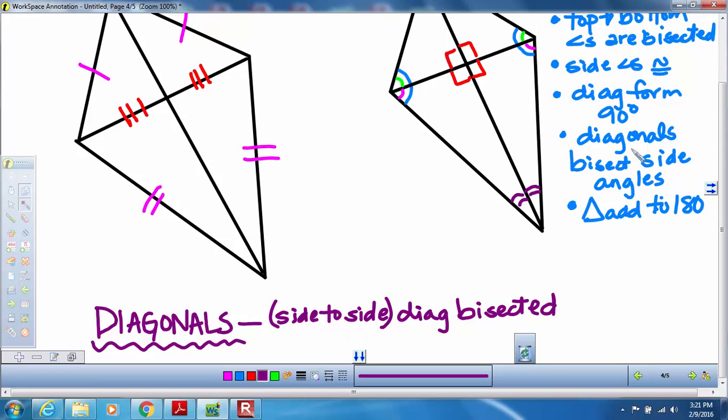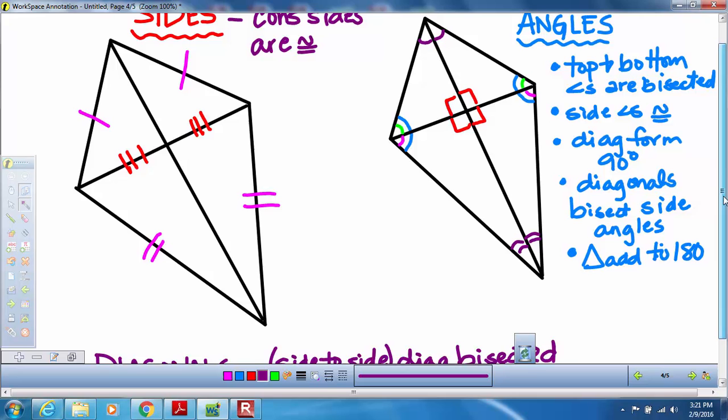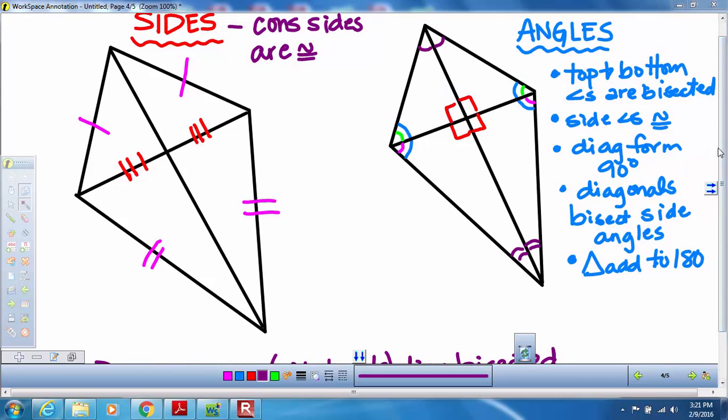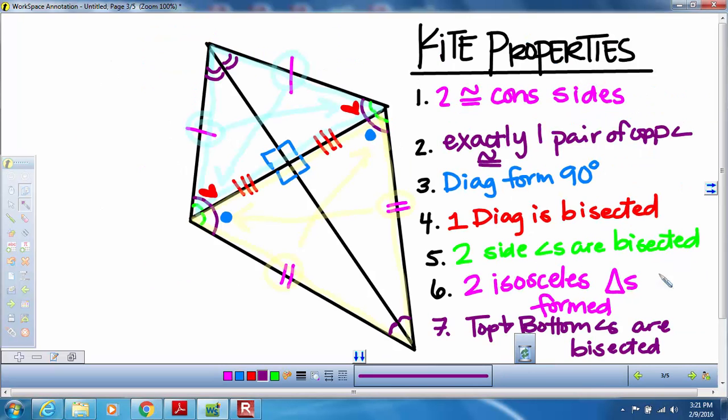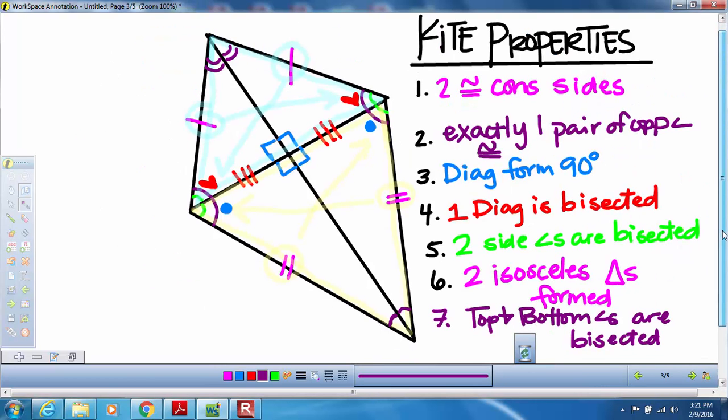And then again, it goes along with the angles that diagonals form 90 degrees. So the kites have a few more properties than all the other ones. These problems will take a little bit more thought. So make sure that you have all these properties written down and are ready to start solving.